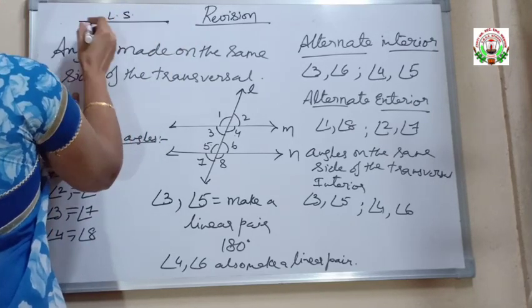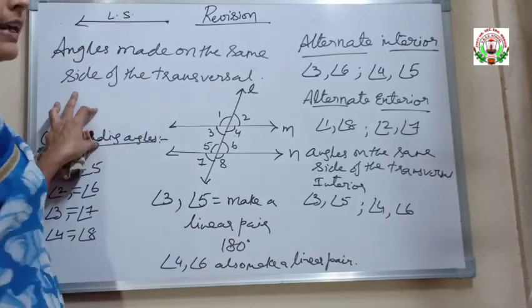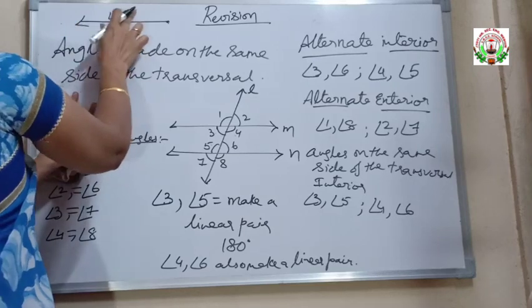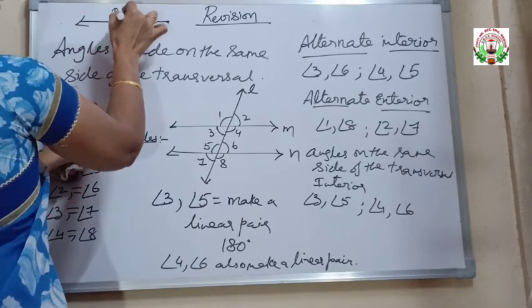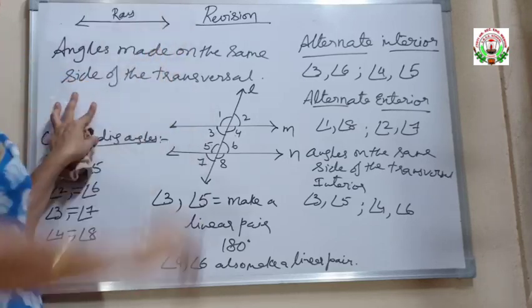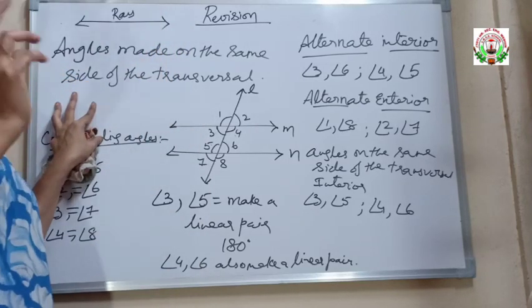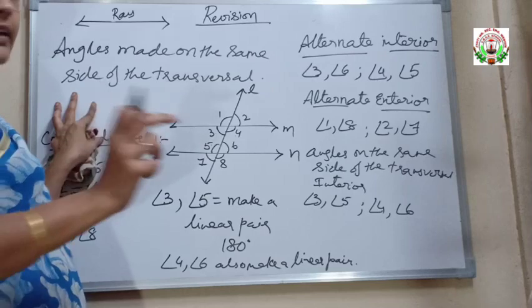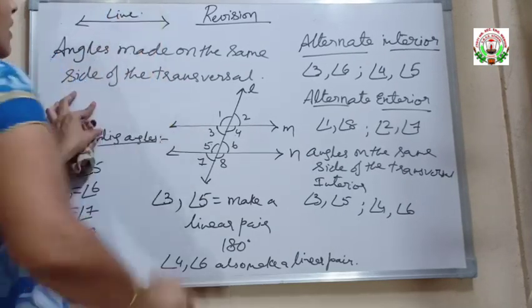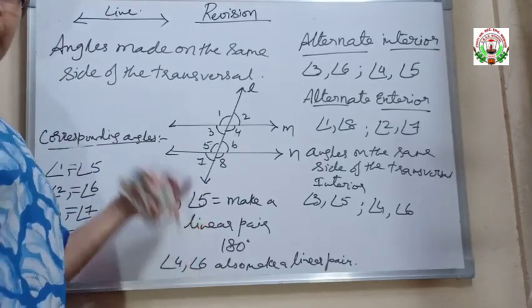When you fix one side and the other side can go on, and we keep an arrow mark, it is called a ray. And when you don't fix any measurement for a line, this is called a line.